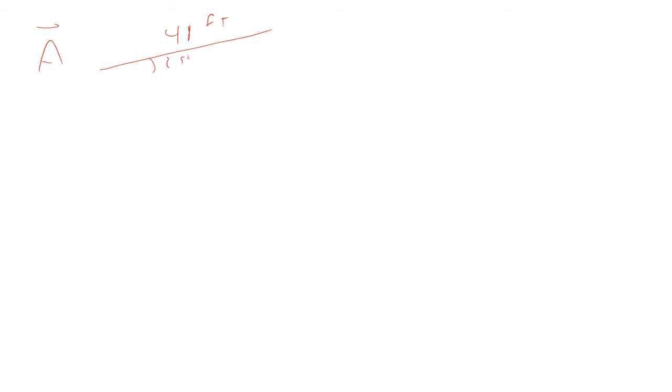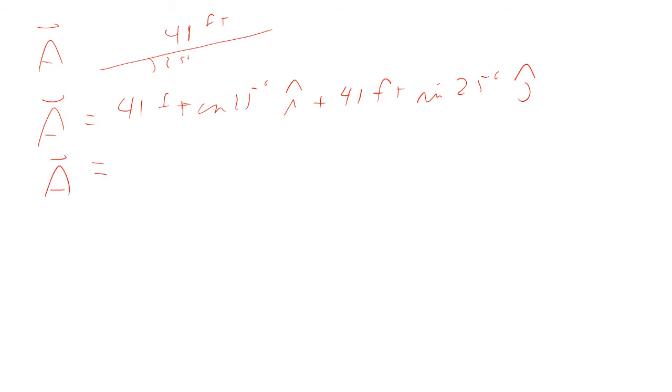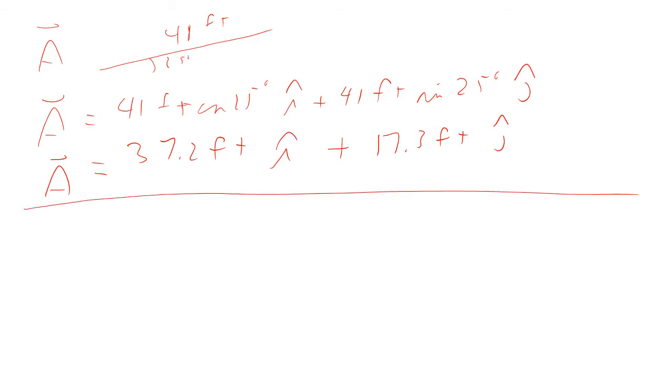That means that vector A is going to be 41 feet cosine 25 degrees I plus 41 feet sine 25 degrees J. So vector A is going to be 37.2 feet I plus 17.3 feet J. Okay, so that gives me vector A. Next, I want to find vector B.